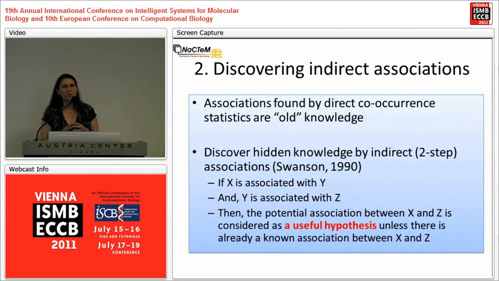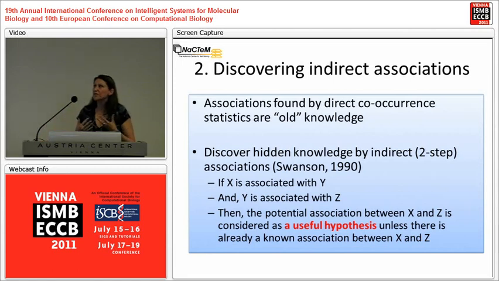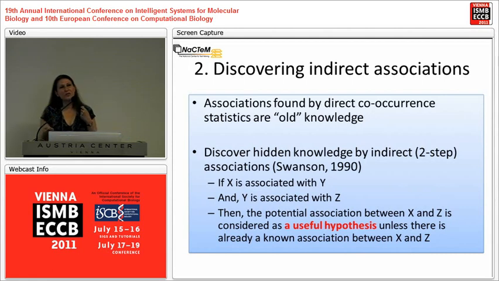The second part we worked on is how to discover indirect associations, and that's very much according to the philosophy and the ideas of Swanson in the 90s. Now the reason, if you look at the first system, the FACTA, the associations were found by direct co-occurrence. So this is what we call old knowledge. You find these associations in text. But the interesting thing is to see not the direct, but the indirect.